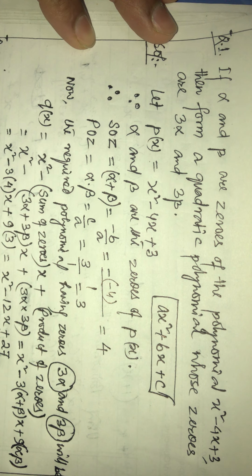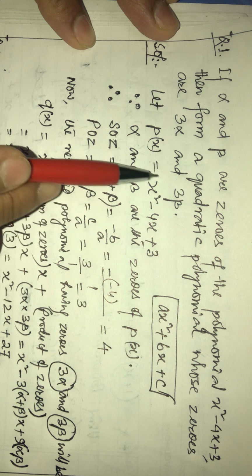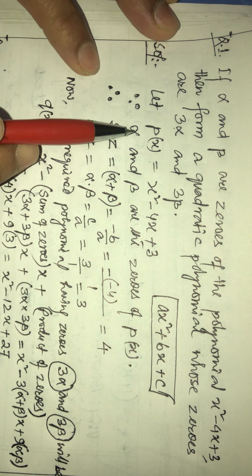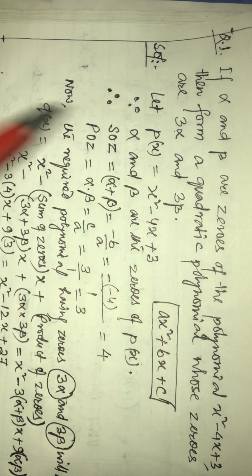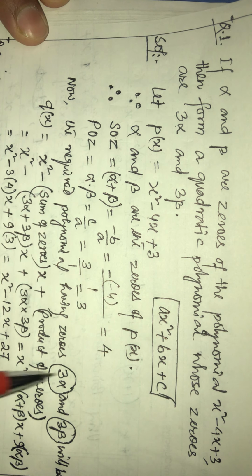Okay, but remember, this new quadratic polynomial we found on the basis of the given quadratic polynomial whose zeros were alpha and beta. This is one way. This is what I feel convenient, so that's why I use this one.